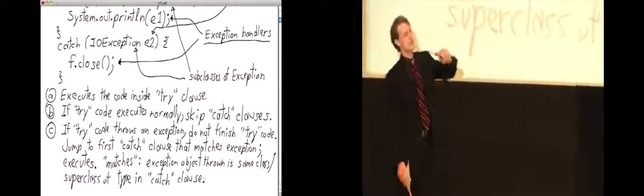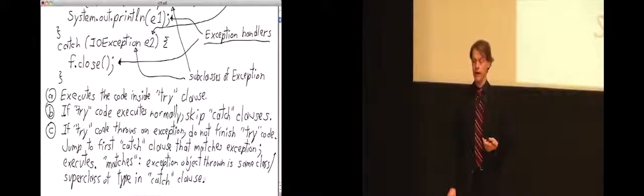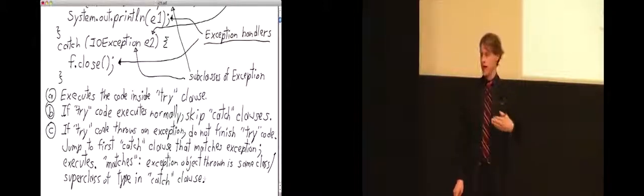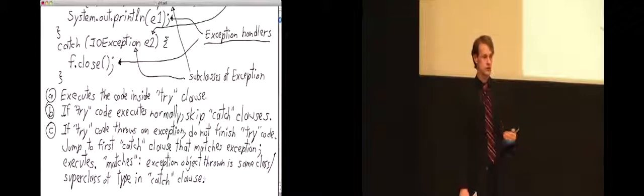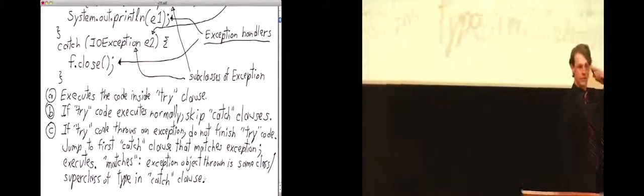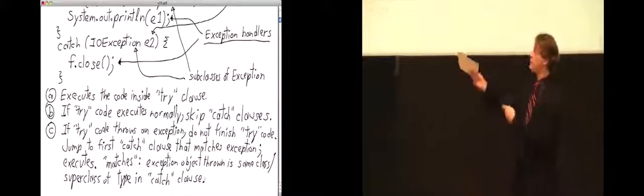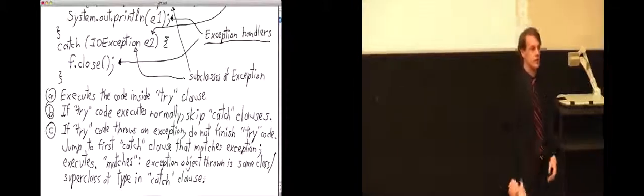So to give an example of that, I told you before that file not found exception is actually a subclass of IO exception. So if I throw a file not found exception, it actually matches both catch clauses, but only the first one gets executed. On the other hand, if Java throws an IO exception that's not a file not found exception, then the second catch clause is the one that will get executed.